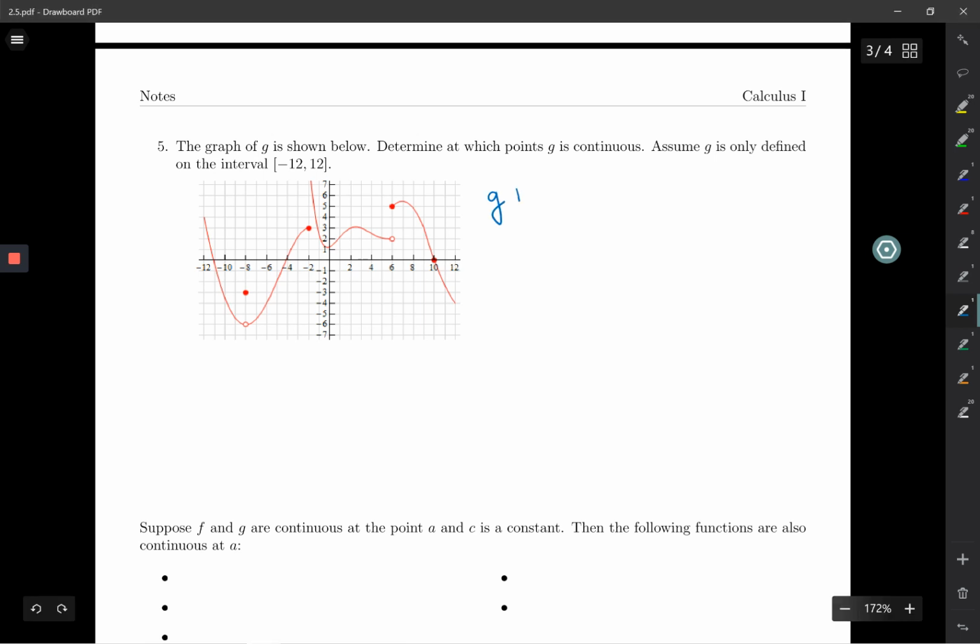So g is not continuous at x equals -2 and 6, and these are both for the same reason, and that is because the limits do not exist there.